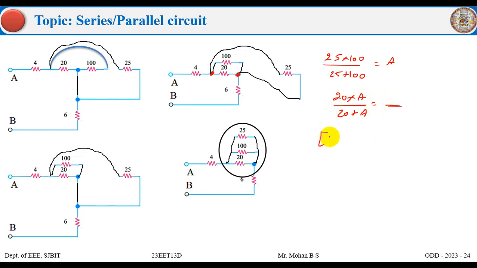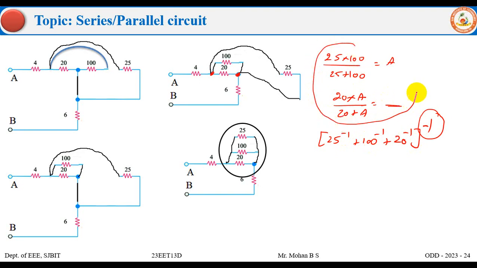Or what we have learned, 25 inverse plus 100 inverse plus 20 inverse, the whole inverse. In general, this is what a student generally misses. Any number of elements in parallel, you can use this in one formula. By the conventional method, you'll have n minus 1 steps. If you have 3, you'll have 2 steps.